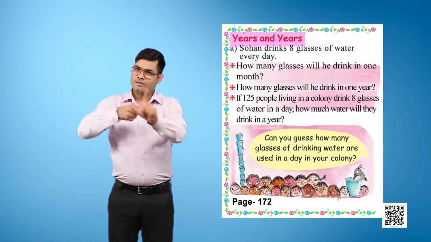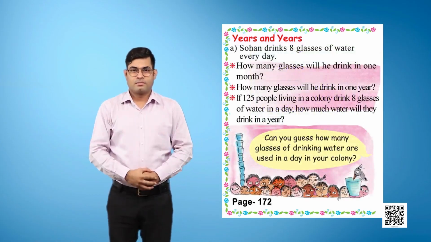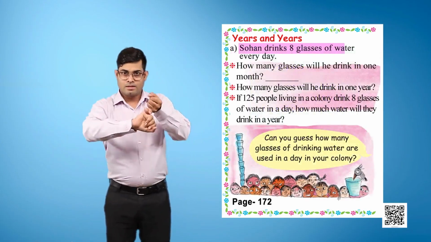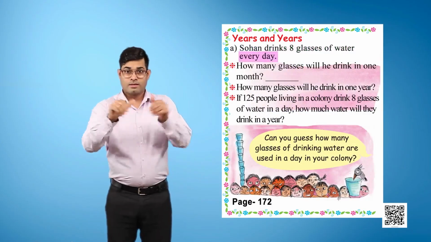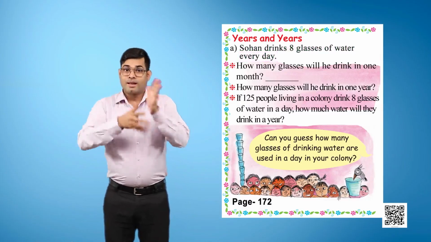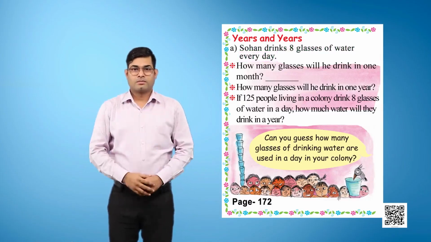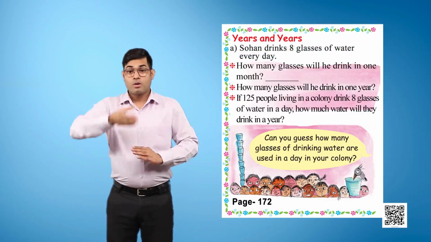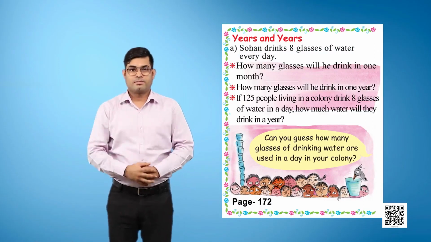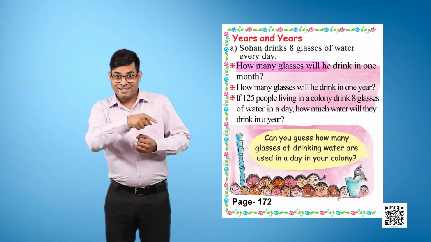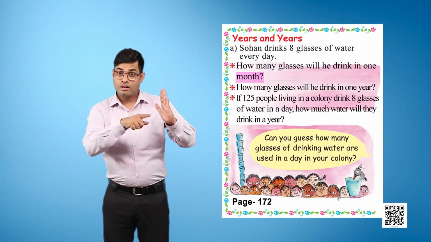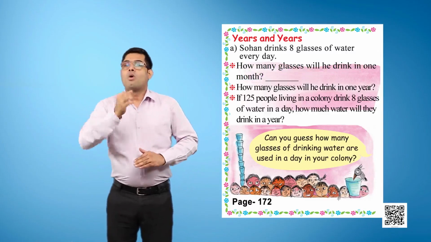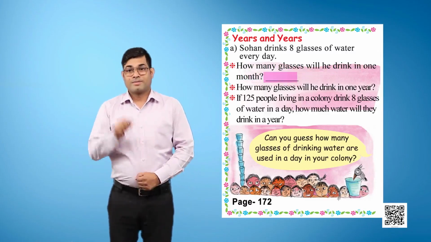Years and years. A. Sohan drinks 8 glasses of water every day. How many glasses will he drink in 1 month? Dash.